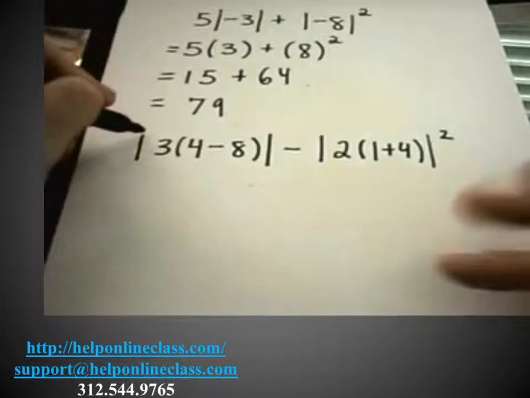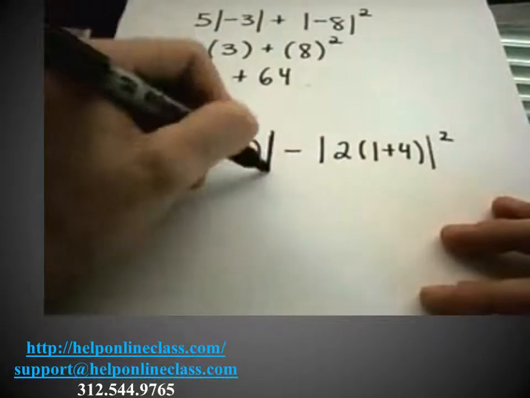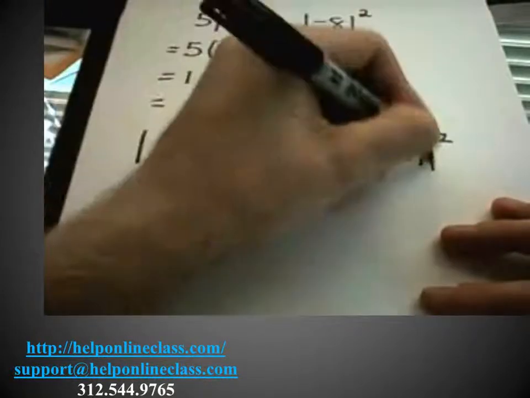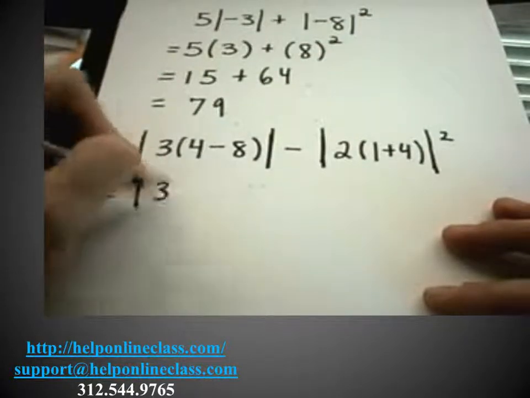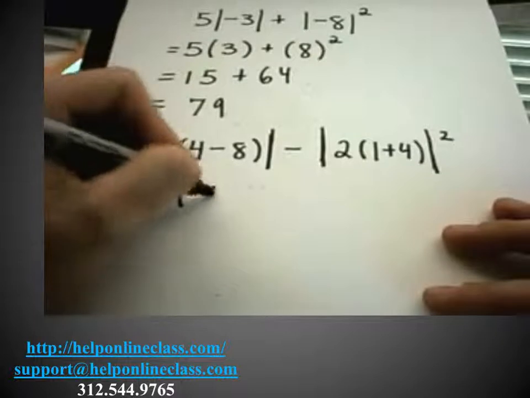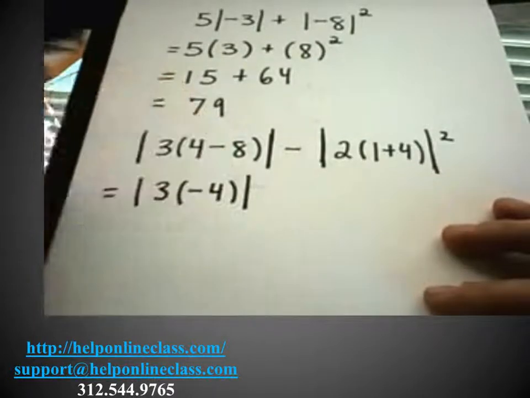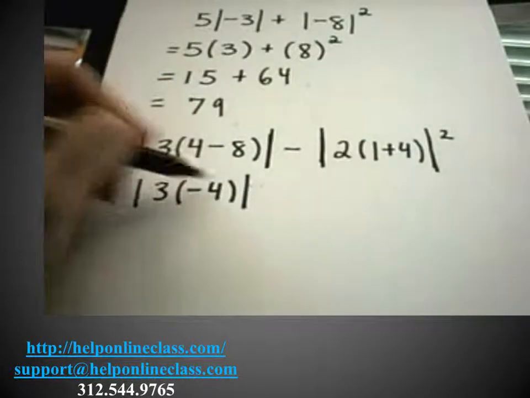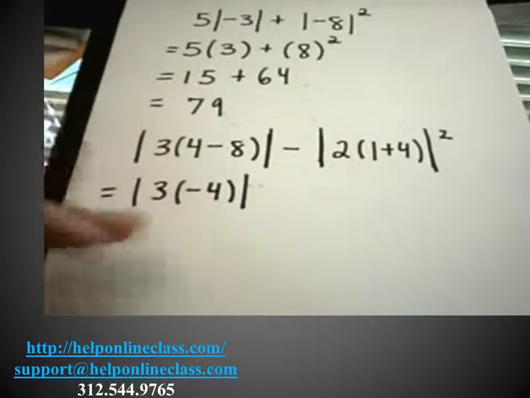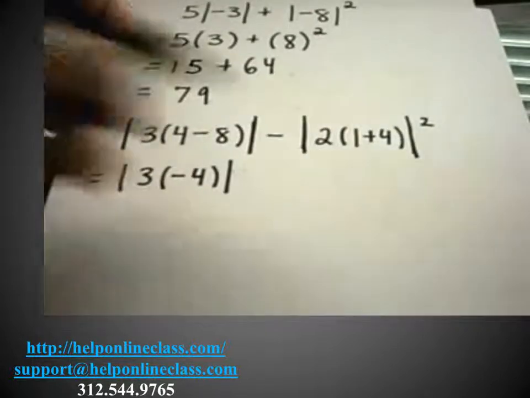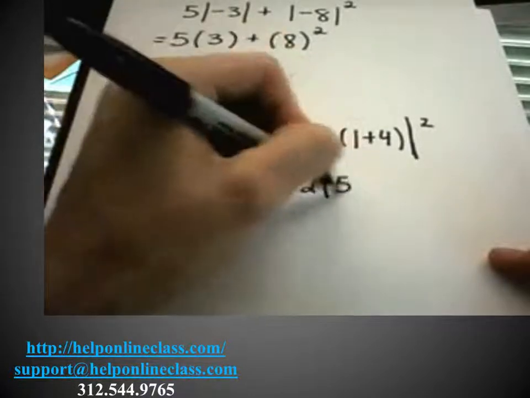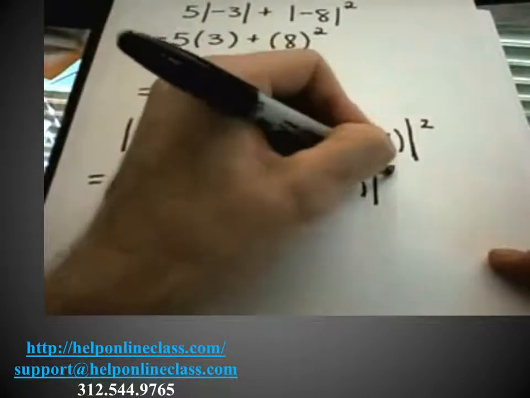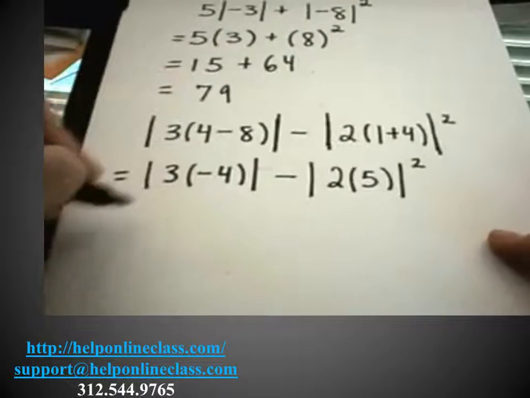Well again, I'm going to simplify everything down inside the absolute value to begin with, and then just go from there. So 4 minus 8 is -4. Again, even though it's a -4, I'm going to just keep working on the inside. Minus 2 times 1 plus 4 is just 5 squared.